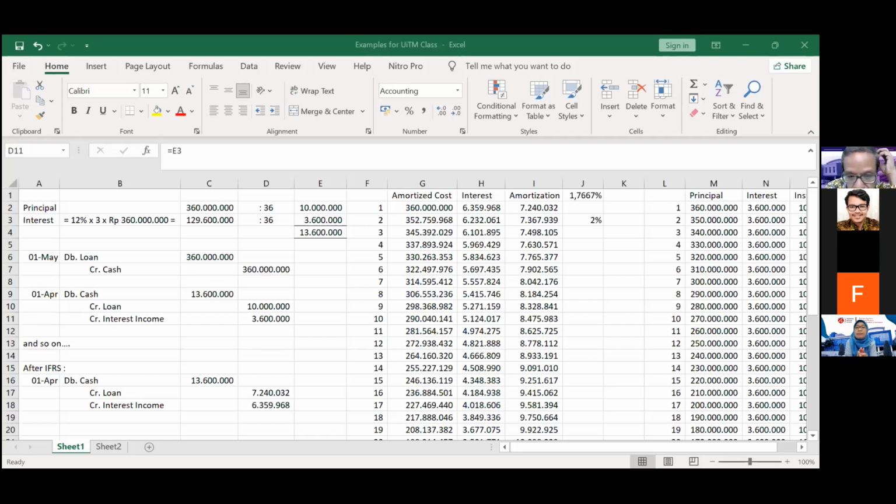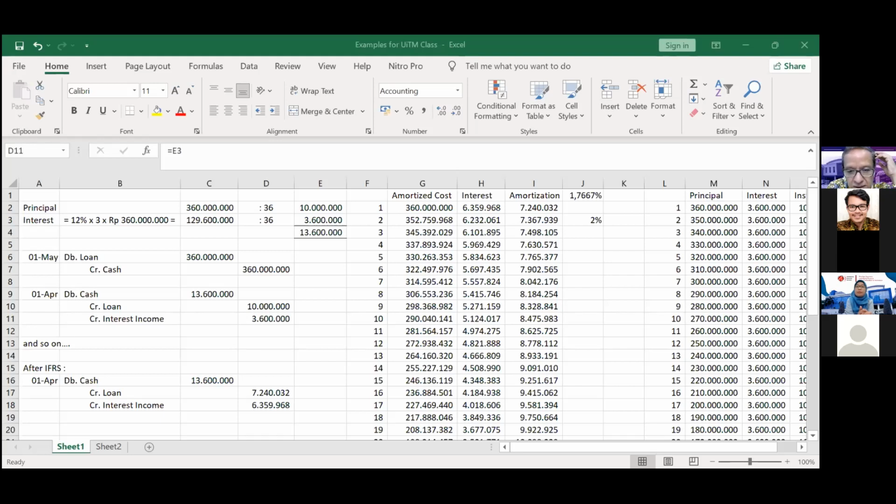Then the last one, I think this is the last one. The last one is to calculate the lifetime expected credit loss and 12-month expected credit loss. So if a bank gives a loan of 100 million, with a flat interest rate of 5% per year, 5% per year means 25% for 5 years.